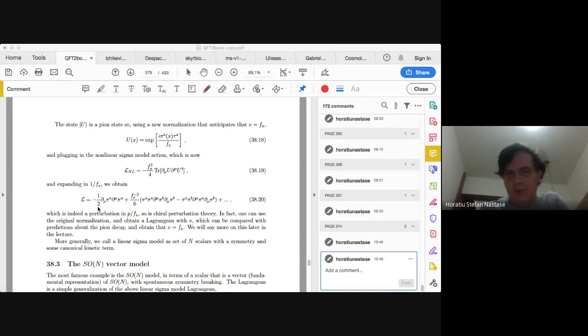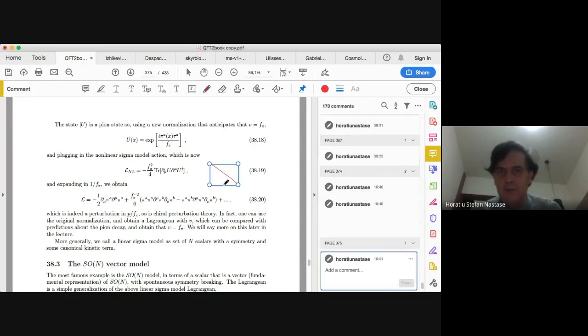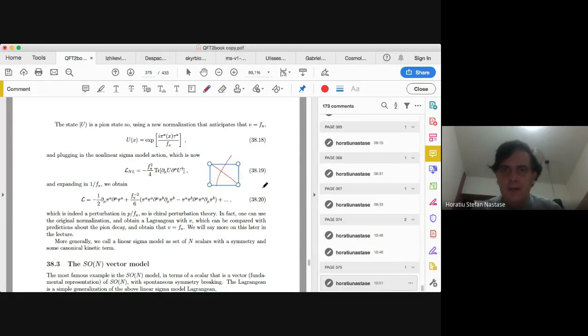The first order term is the canonical kinetic term, but then we have a derivative interaction. We have a term with 4 pions, so that vertex corresponds to some 4 pion interaction. But at the vertex, we have 2 momenta divided by F pi squared.